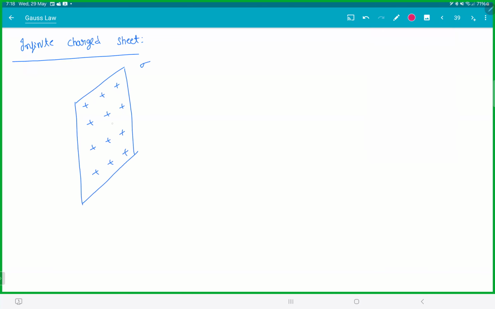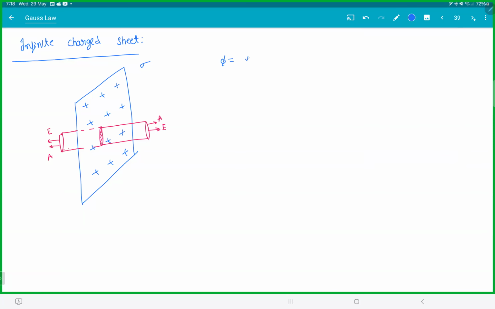So this is what we do. Consider a Gaussian surface passing like this. So basically this is the charge enclosed inside. The field is E, the area vector is A, and the field is radially away from here by symmetry.